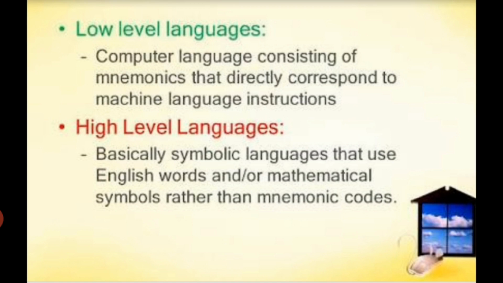It is converted into machine language by using software called an assembler. The assembler helps to convert whatever code or instruction is given inside the assembly language into machine language, after which the code or the instruction reaches the computer hardware. So this is how the first kind of language, which is called low level language, works.